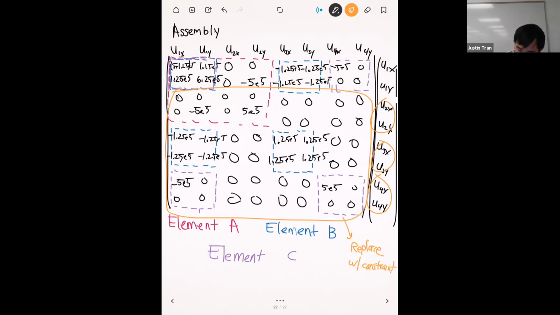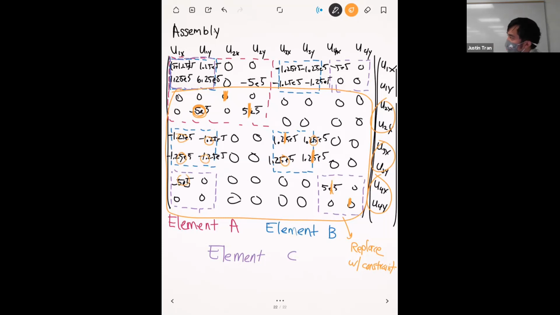Remember, for a constraint, we put a 1 on the diagonal, and then everything else is going to be 0. So we put a 1 here, turn this into a 0, put a 1 here, a 1 here, a 1 here, a 1 here, and then everything else is going to be 0.